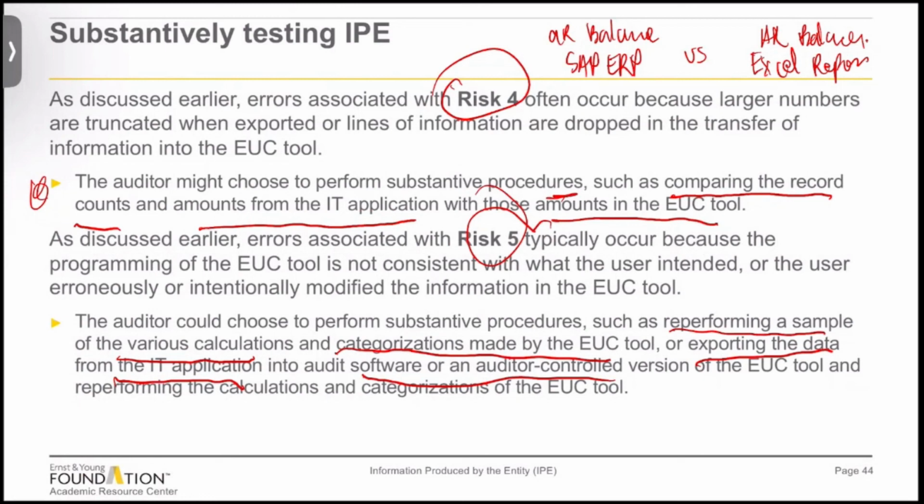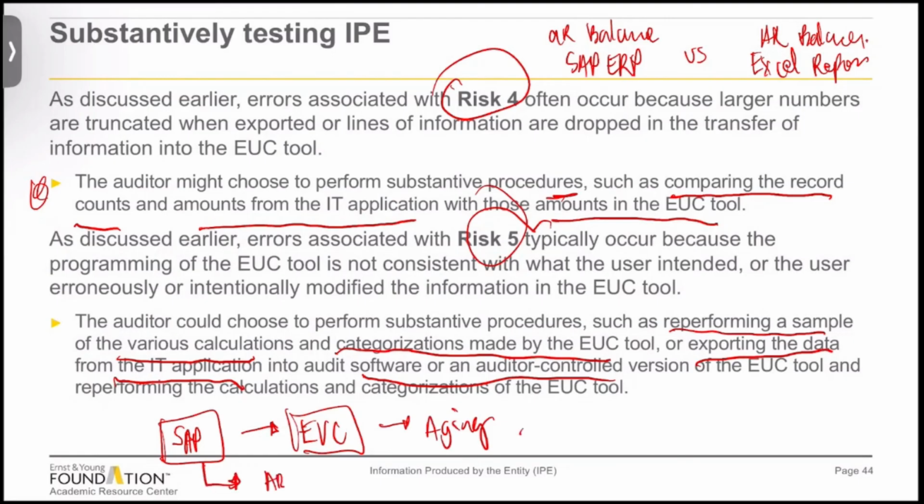So for example, from SAP, the company uses the EUC tool to perform the aging. Ang gagawin mo as an auditor, you also extract an AR listing from SAP and then recalculate or re-perform or redo the whole report and then compare the two. Okay?